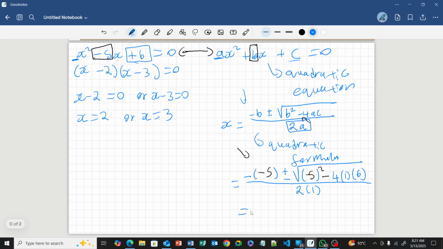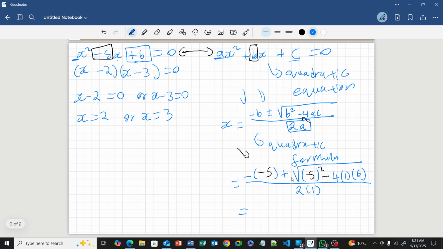When you punch it on a calculator, I want you to take a look at something. Here, you have 2 signs. You can only substitute 1 sign at a time. Because the positive is at the top, I will start with the positive.